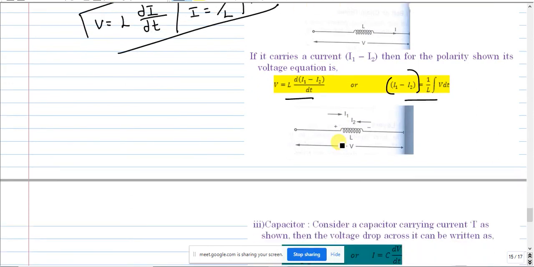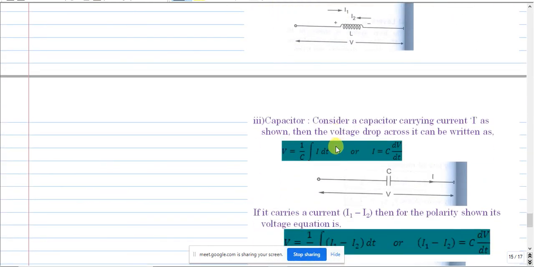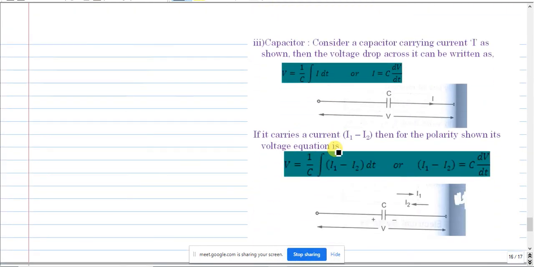Similarly, the final element, that is the capacitor. For the capacitor, the voltage drop will be given by V is equal to 1 by C integration of I dt, or else you can represent it as I is equal to C dV by dt. And the same, V is equal to 1 by C integration of (I1 minus I2) dt, in case it is carrying a current I1 minus I2.